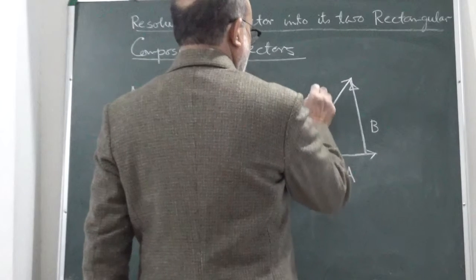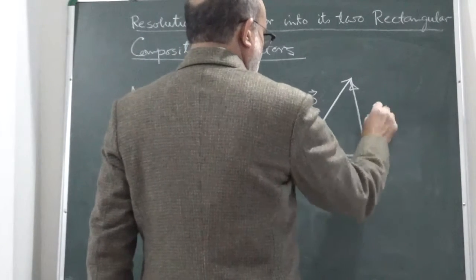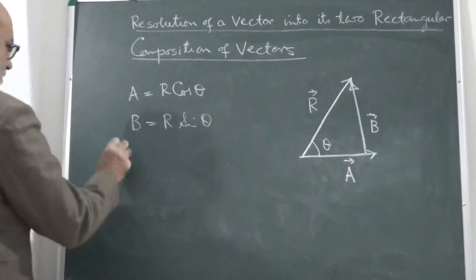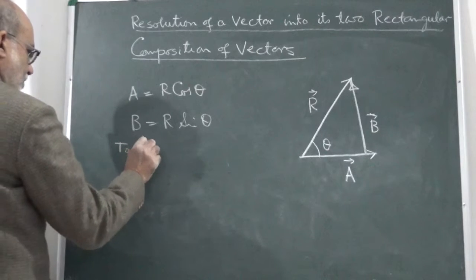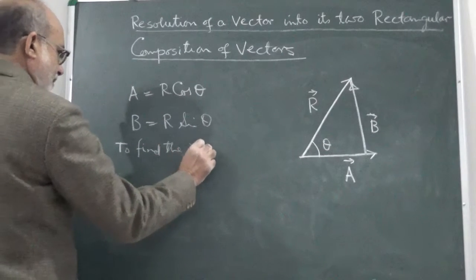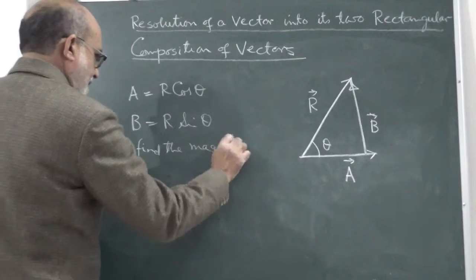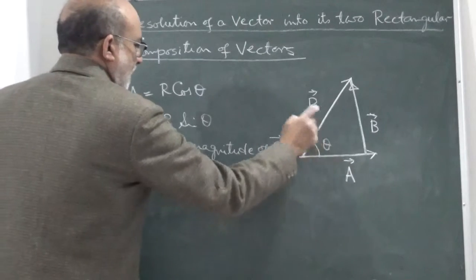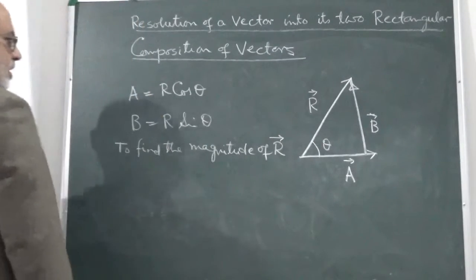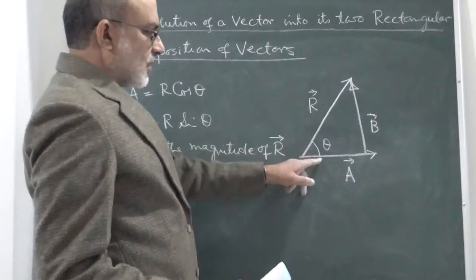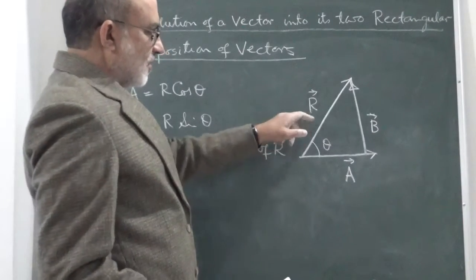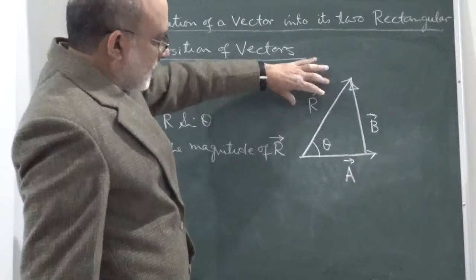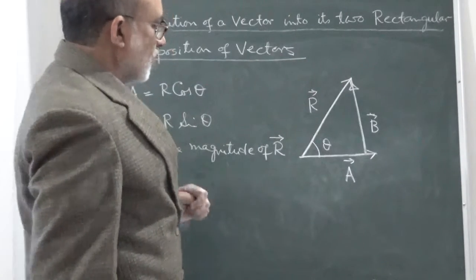In order to find the magnitude and direction of R, the resultant of A and B, suppose this resultant makes an angle theta with A. Then A can be written as R cos theta and B as R sin theta.